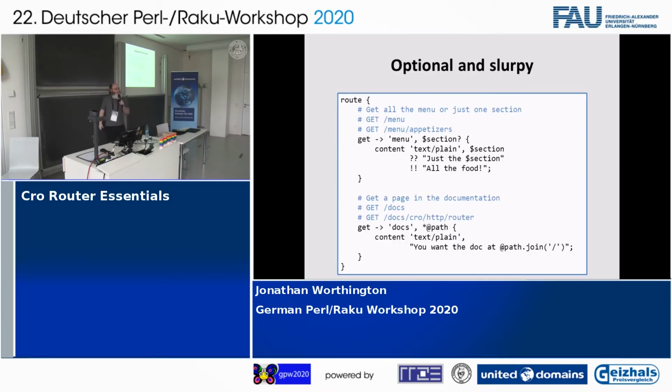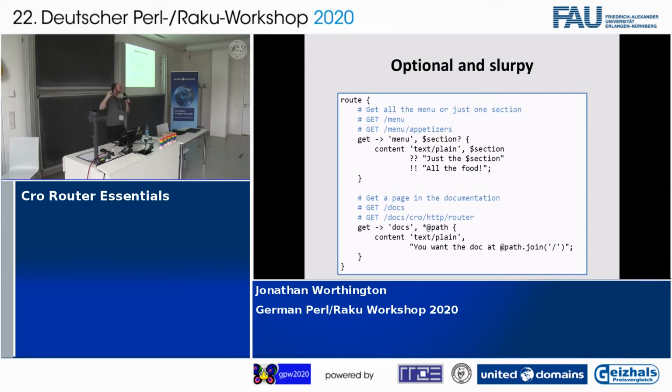You can do optional and slurpy as well. So if I have a menu, and then maybe you can look at a section of the menu, then I just stick the question mark on there, and it works for both of these. If I don't know how many pieces of URL I want to take, I just say, take whatever.